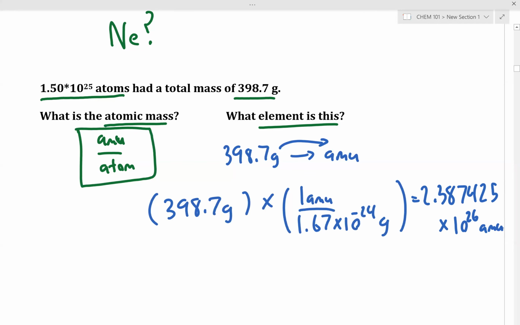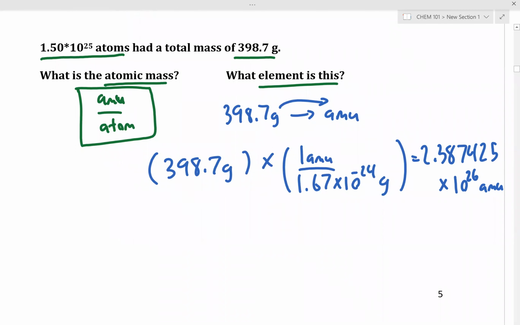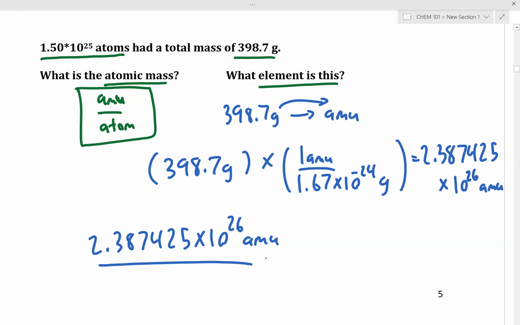Okay, now that we have our mass in AMU and we have our number of atoms, can we plug that in and solve for our atomic mass? Yes, so let's do just that. Okay, so we have 2.387425 times 10 to the 26th AMU divided by how many atoms do we have?